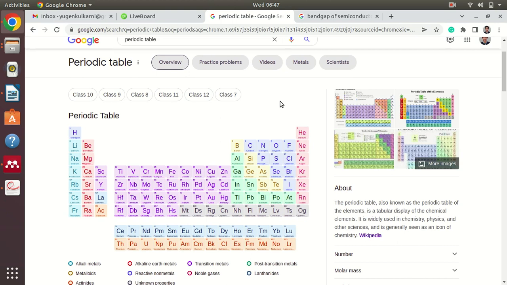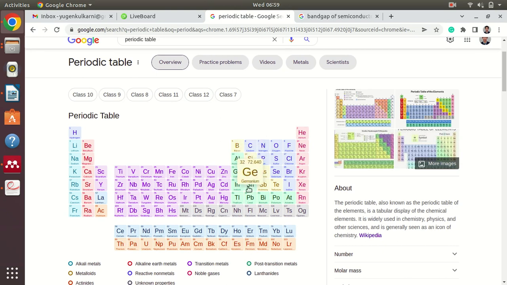They can be used as semiconductors. Mostly we know silicon is the famous semiconductor, and germanium is also a very famous semiconductor.